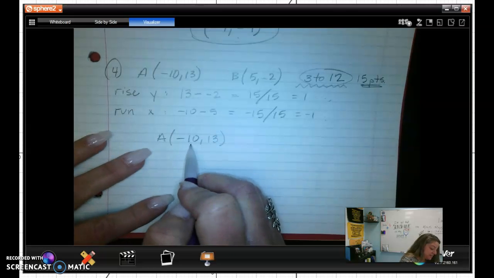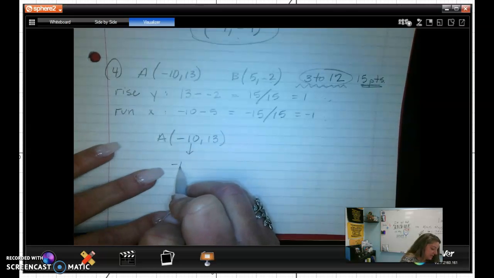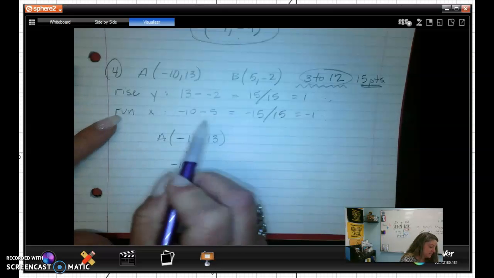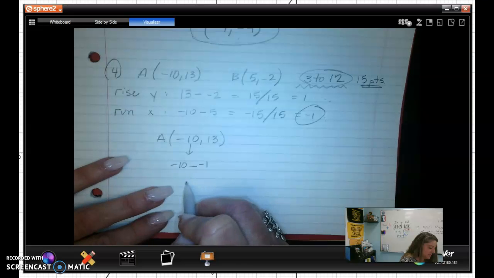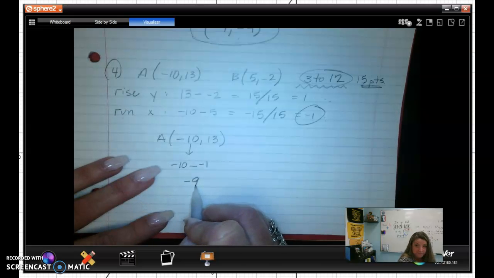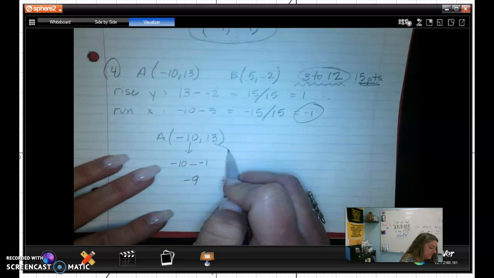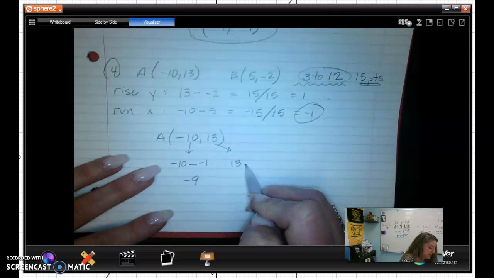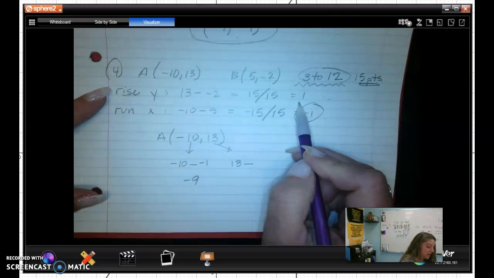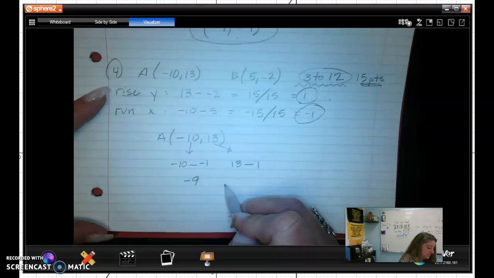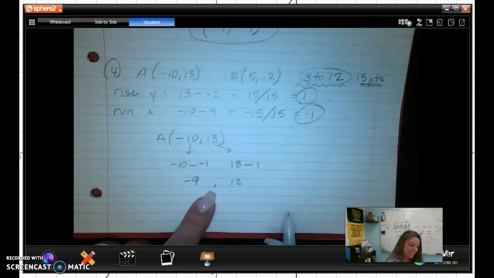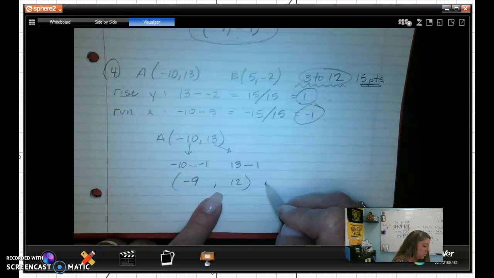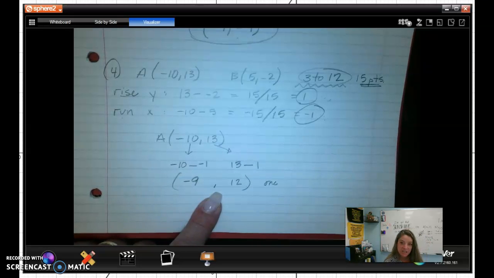So what I'm going to do, I'm going to take my x number, so I'm going to start at negative 10, and I'm going to subtract my run number, which was negative 1. So I'm at negative 9, okay? I have 13 as my y number, and I'm going to subtract its rise number, which is 1, so I'm at 12.